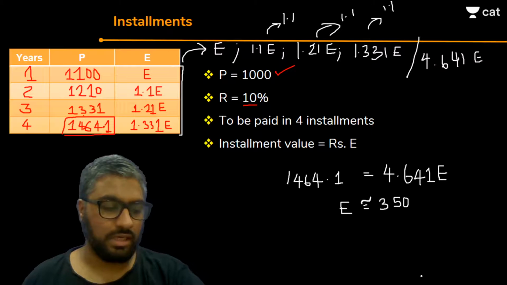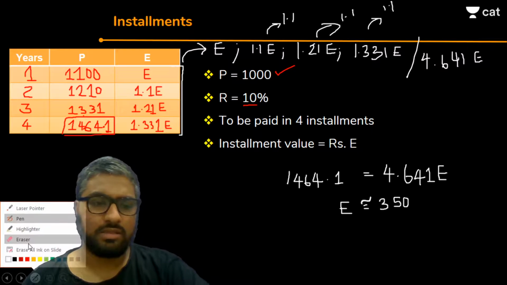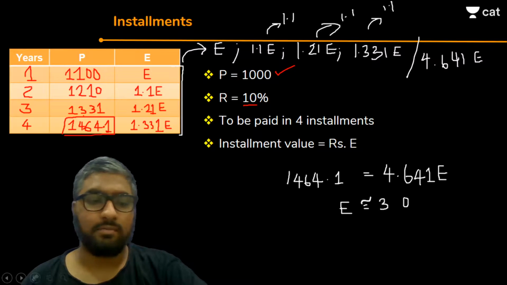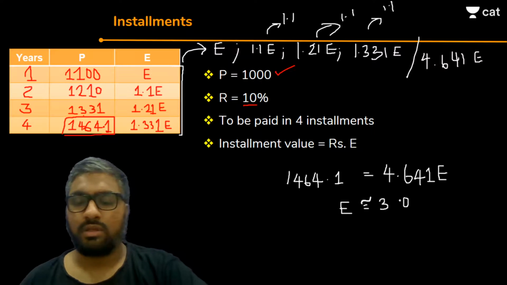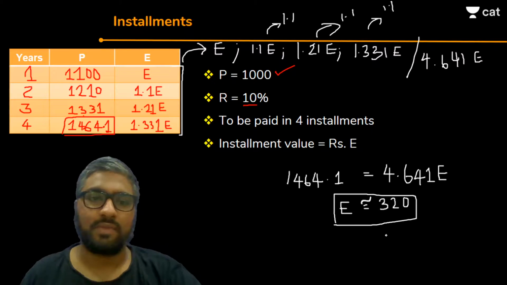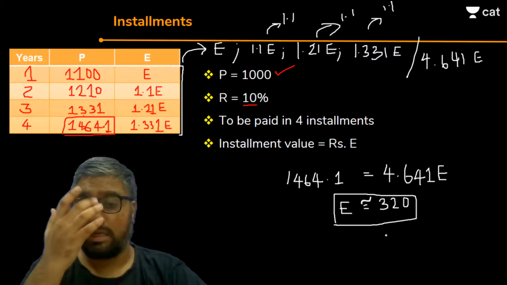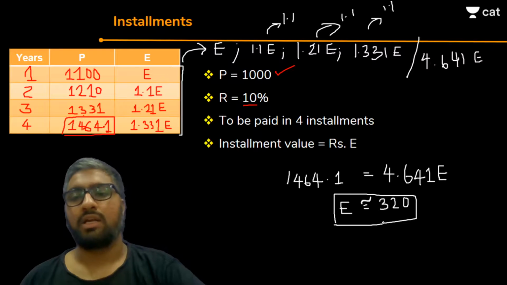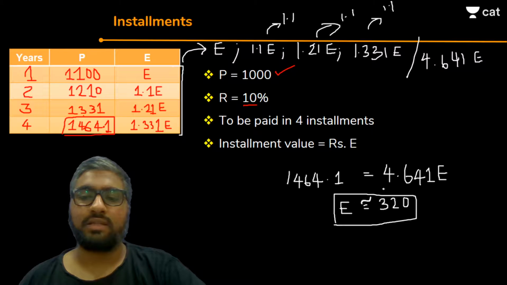So the amount would be around that. Now what would happen? You will not be paying me 320 every year either. That's not how installments are calculated, right? So first installment would be 320. Second installment would be what? 320 plus the interest on it.